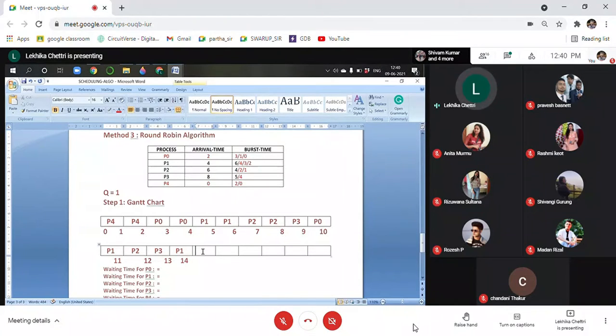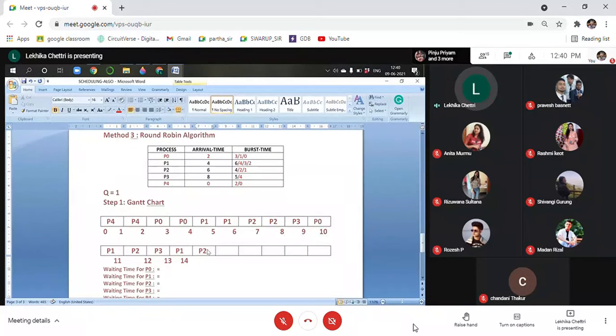Okay, tell me what will be here now. P2, ma'am. P1, P2. How many times has P2 come? 1, 2, 3, 4.